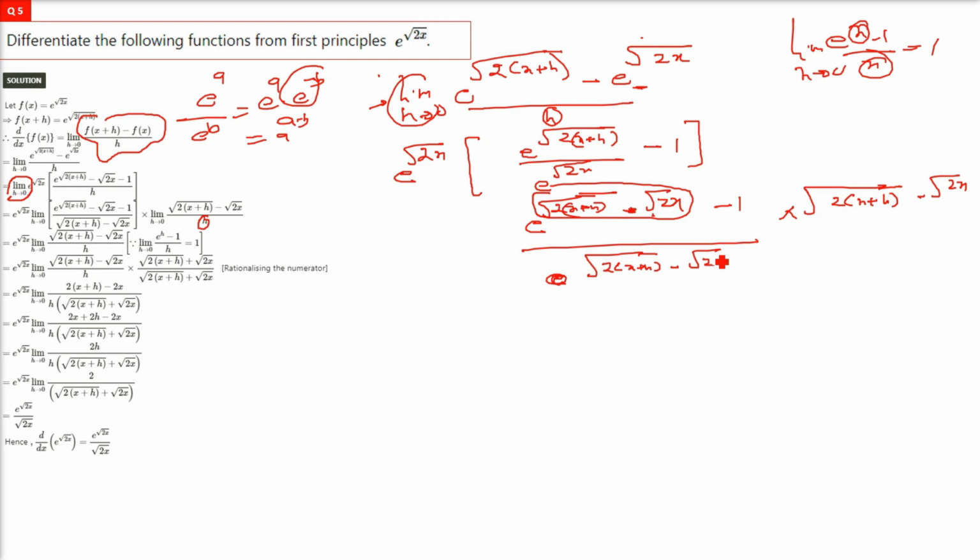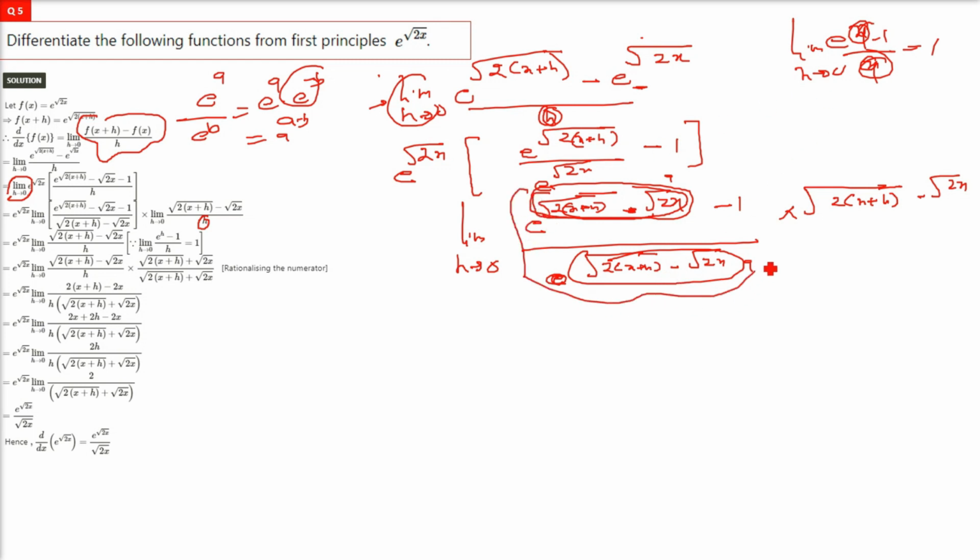Now this gets cancelled, so there is only the introduction. We just introduce it because we want that relationship when we apply the limit h tends to 0 to be 1. So this is a, you can call it also x. So if you take e raised a minus 1 by a, limit a tends to 0, it's going to be 1.